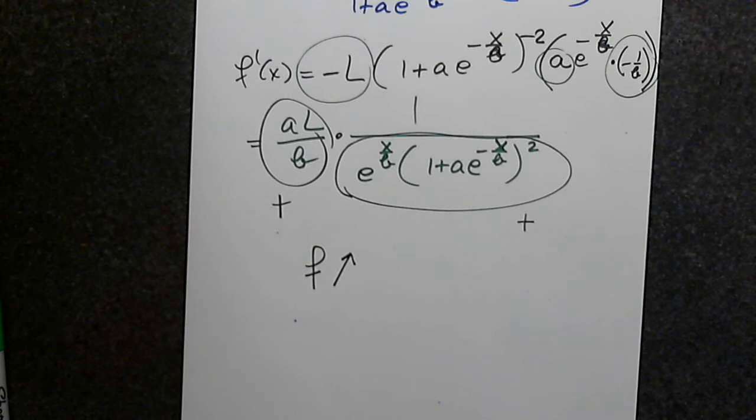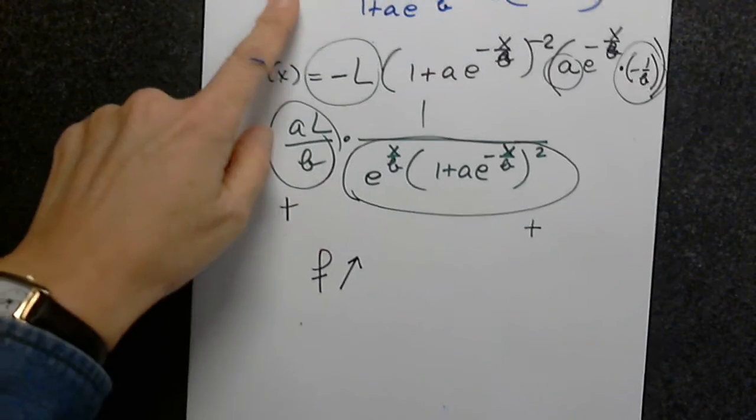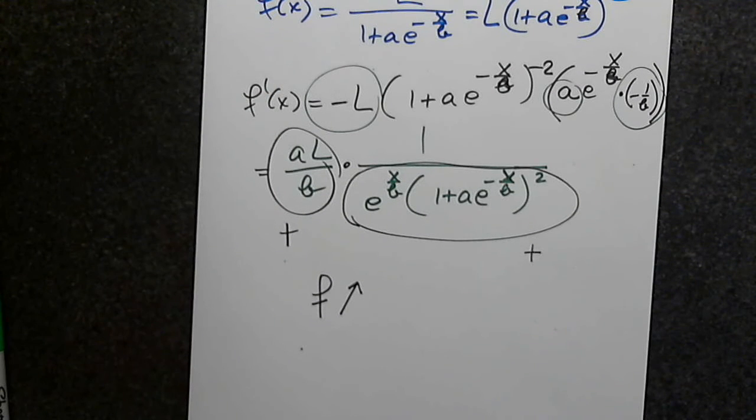So I'm not going to set this equal to 0. But what will tell me where the function f of x is increasing the fastest? Second derivative. So please calculate the second derivative, and we'll discuss it on Wednesday.